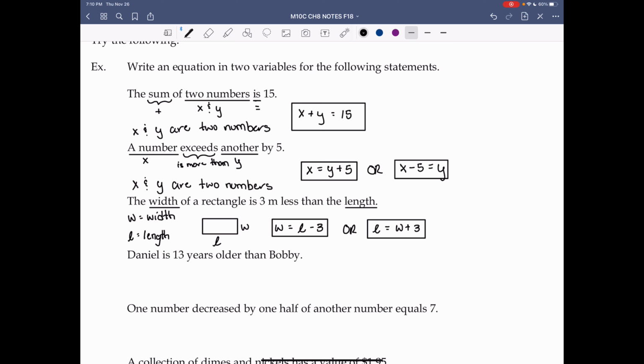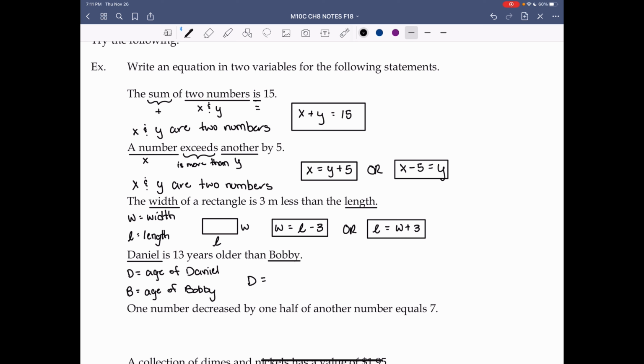Daniel is 13 years older than Bobby. We don't know their ages, so that would be our variable. D for Daniel's age, and B for Bobby's age. Daniel is the older one.